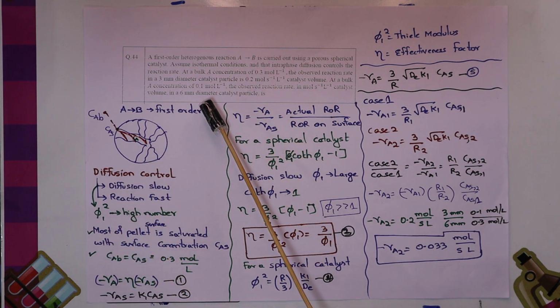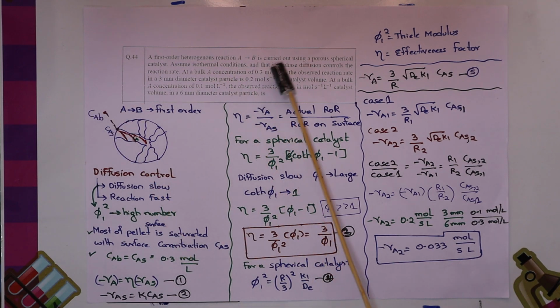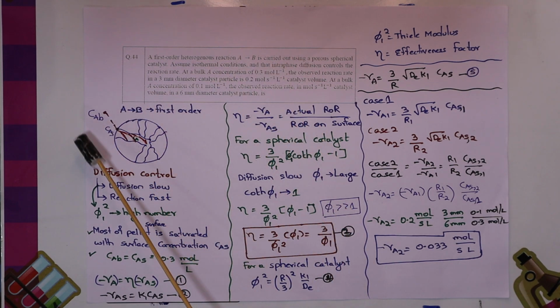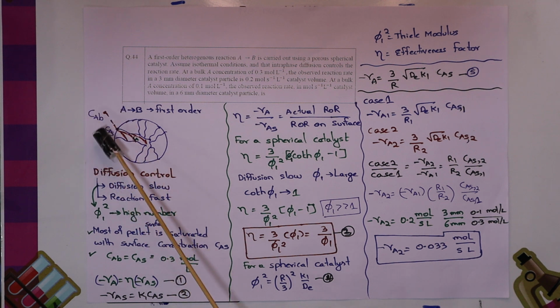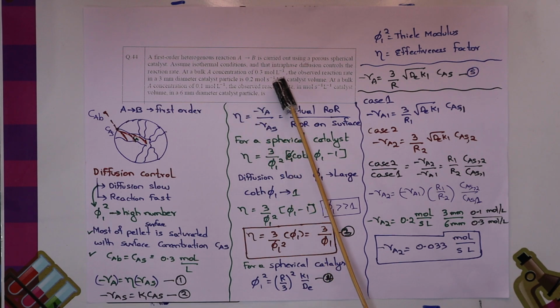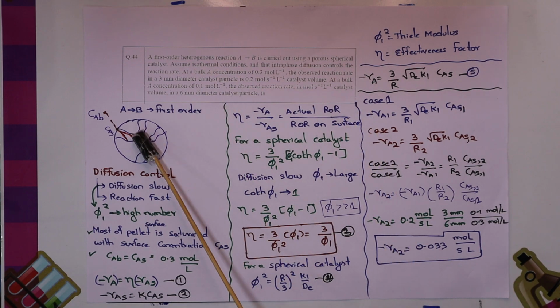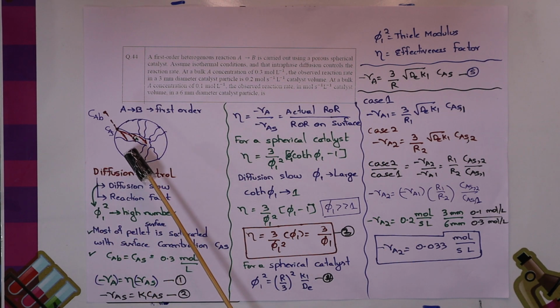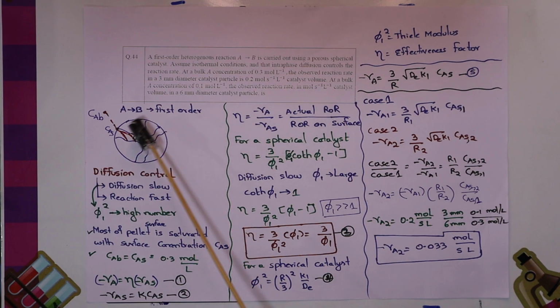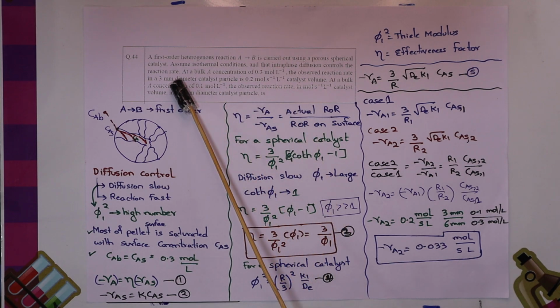In one case, if you maintain the bulk concentration outside the catalyst at 0.3 mole per liter, then the speed of the reaction is 0.2 mole per second per liter, for a 3 mm catalyst particle. That is case 1. In case 2, they have changed the catalyst particle size from 3 mm.